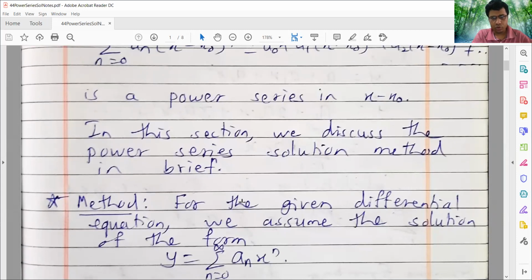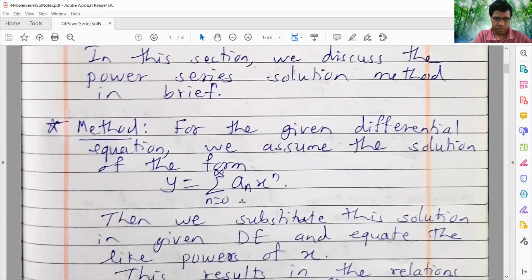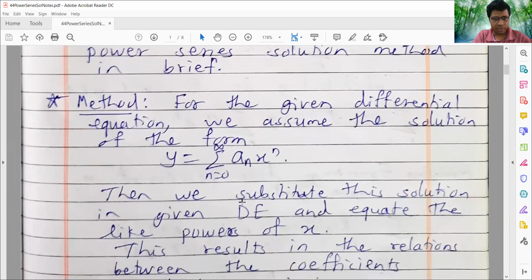Now we discuss how to use this power series to solve a differential equation. First, we assume that our solution is in terms of a power series. That means we write y equal to summation an x raised to n, where these ai's are unknown and we determine them later on.